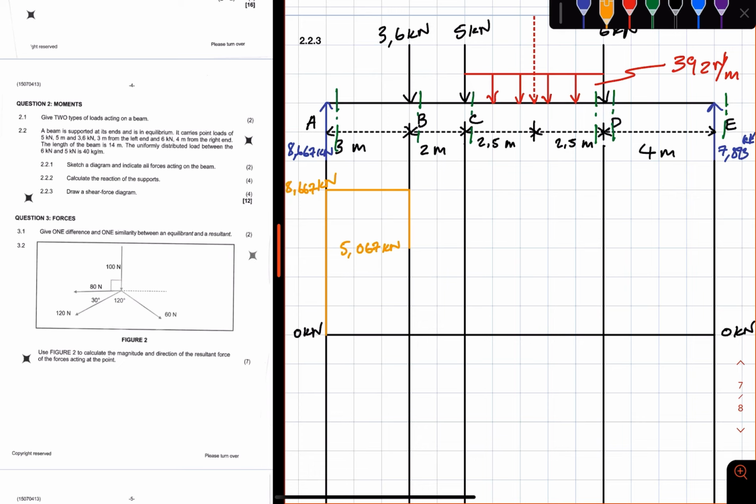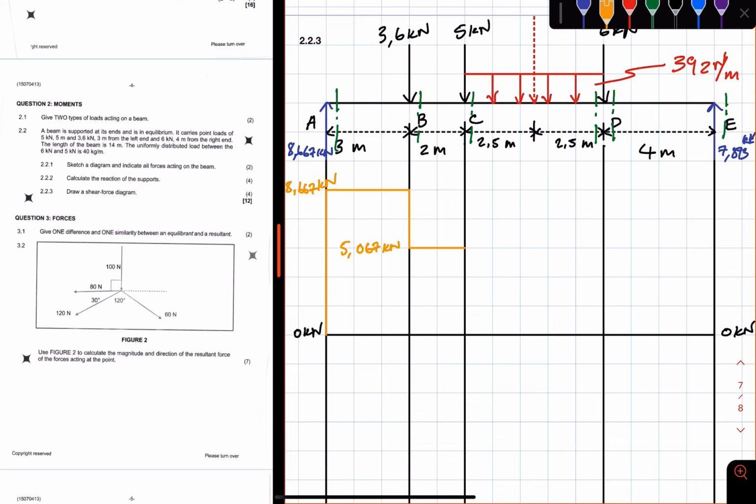So we go to section C. Because there's no UDL between B and C, we draw a line going straight across, right? When we get to C, remember, before we get to C, we are at 5,067 kilonewtons, right? So whatever force gets introduced when we get to section C is either going to be added to or subtracted from 5,067.